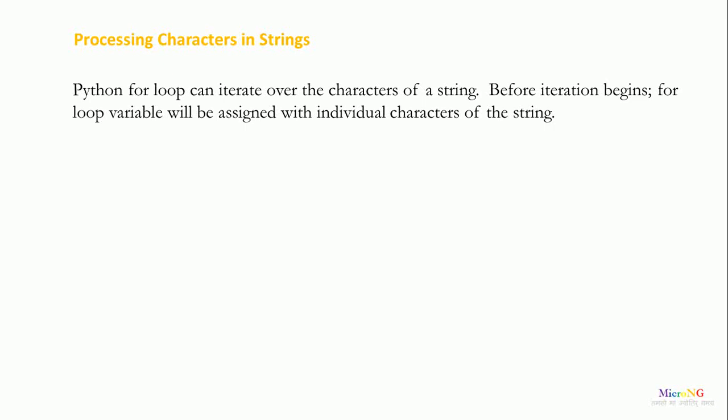The for loop can also be used for processing the characters in a string. The Python for loop can iterate over the characters of a string. Before iteration begins, the for loop variable is assigned individual characters of the string.